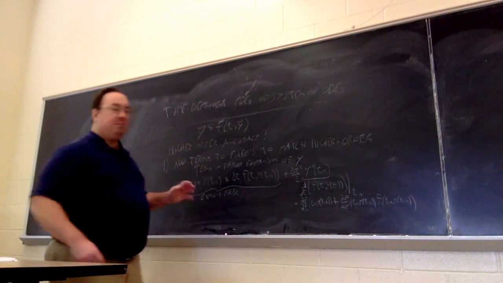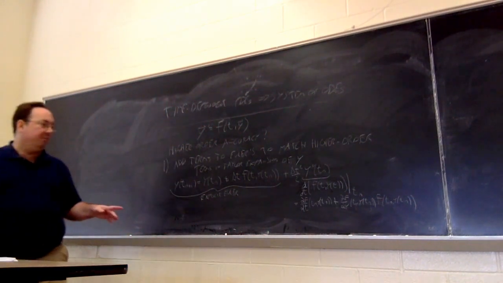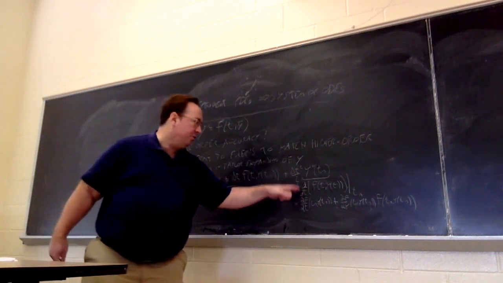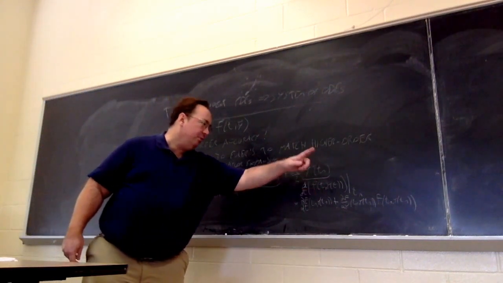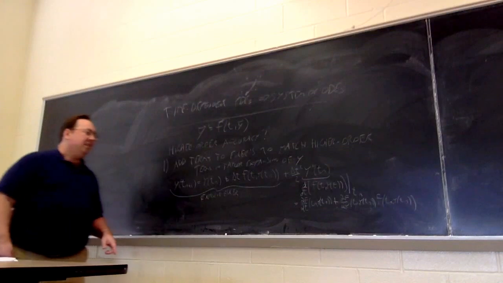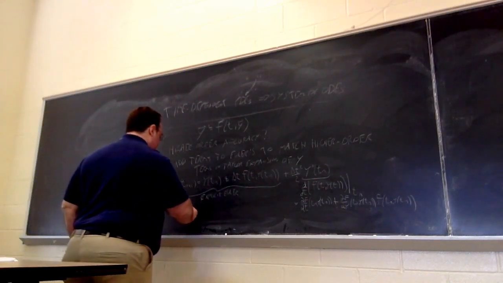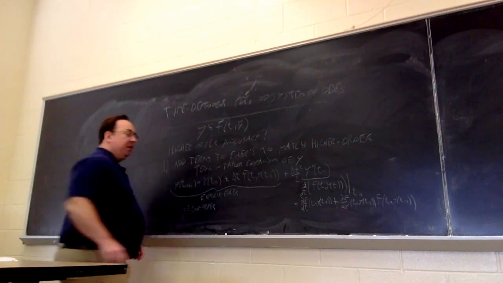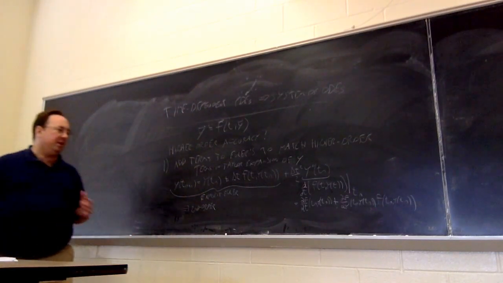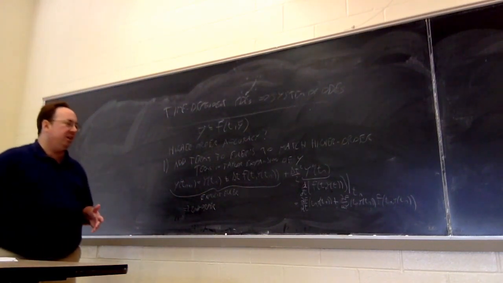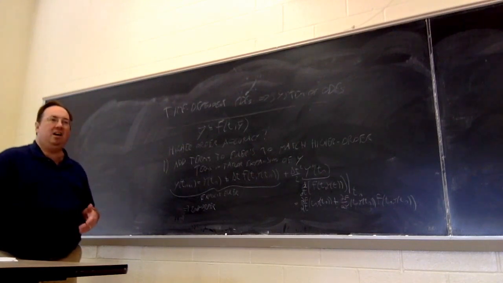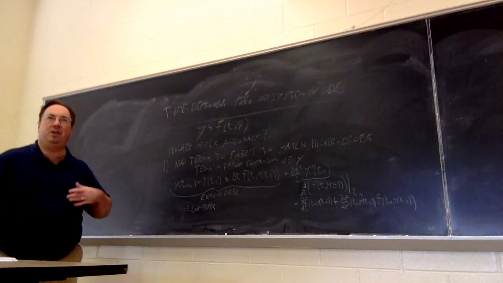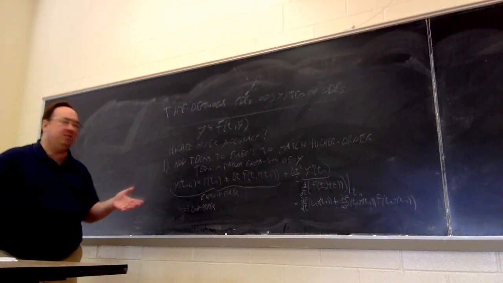So if I stopped here, in other words, I just added this term, delta t squared over 2 times all this, then I would get second order accuracy. But we don't really want to do this, because what if it's not really convenient to get partial derivatives of f with respect to its variables? Now, if f is a relatively simple function, and you have this on hand, then great.